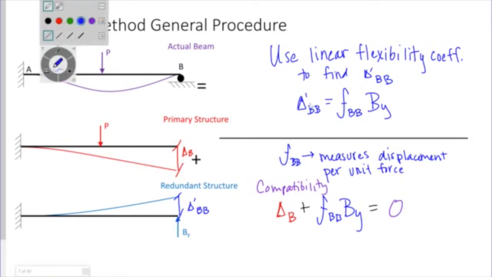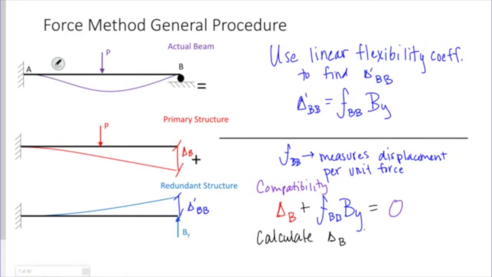So what I can do is calculate delta B and FBB and then solve for BY.